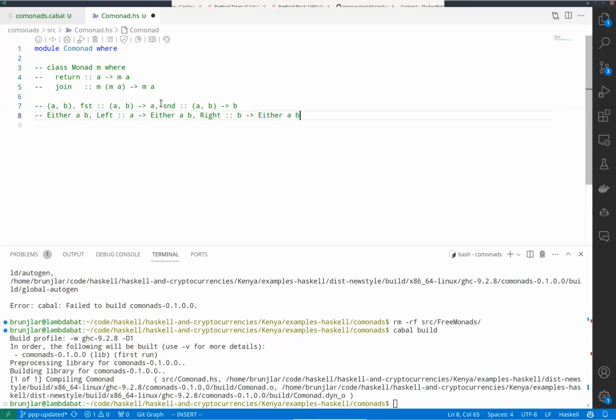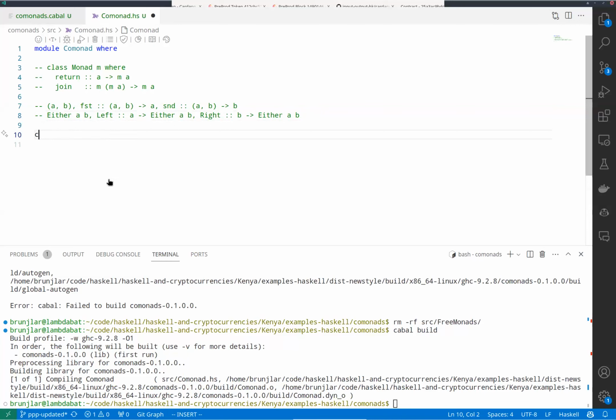Instead of going from (A, B) to A, you have something from A to the co-product of A and B, and from B to the co-product of A and B. That's why this is also called co-product. So you have product, and then co-product is where all the arrows are the other way around.